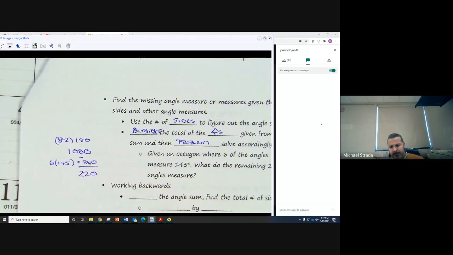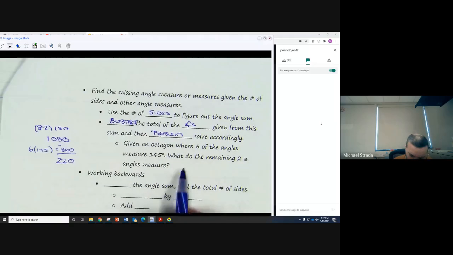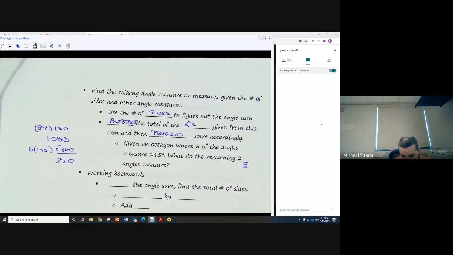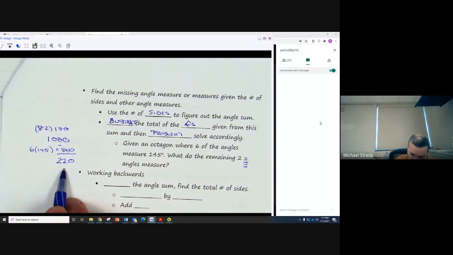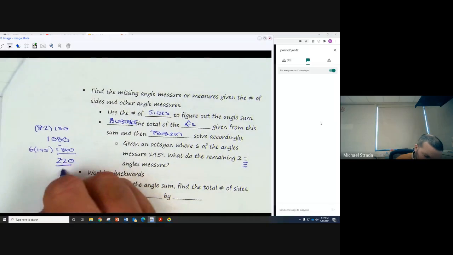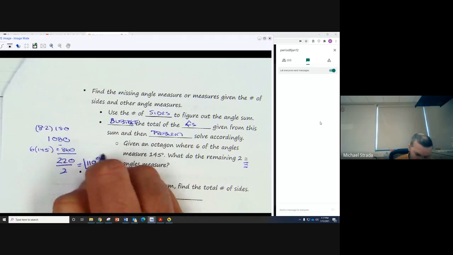All right. Now, this is where the problem solving comes in. What do the remaining 2 congruent angles measure? If the angles are congruent, that means they're the same. They have the same measure. So we can take their sum and divide by the number of angles, which is 2. So each of those angles measures 105 degrees.